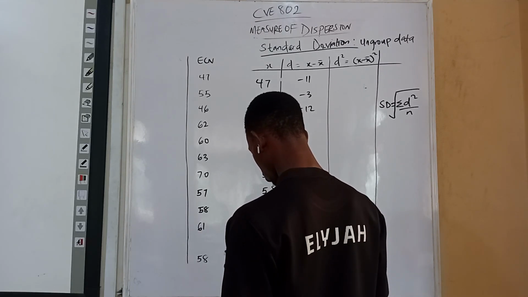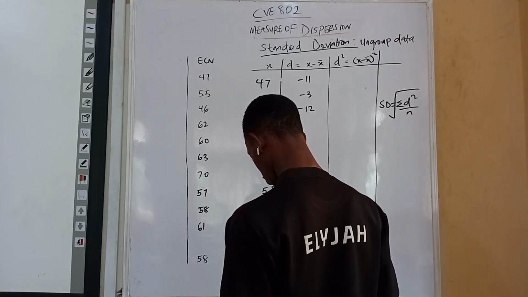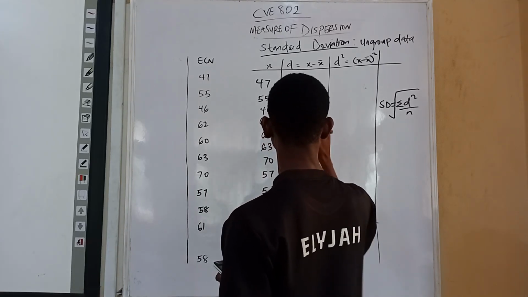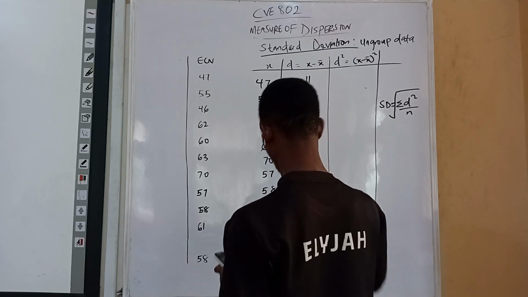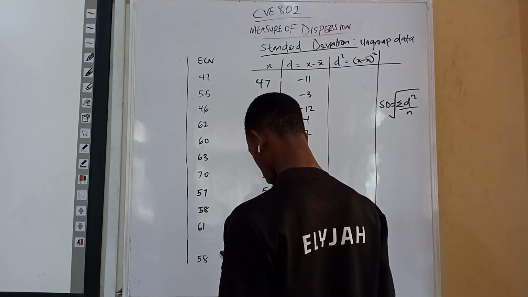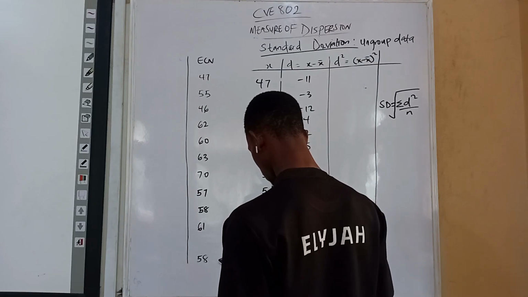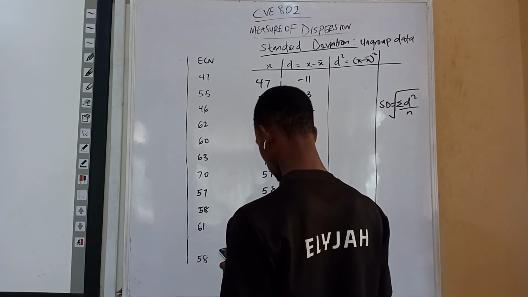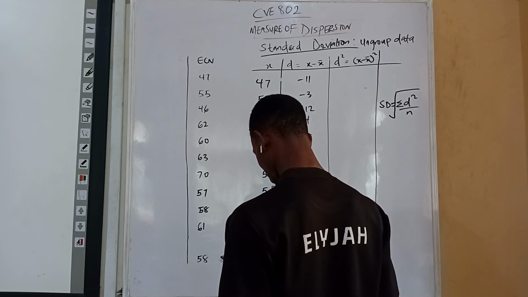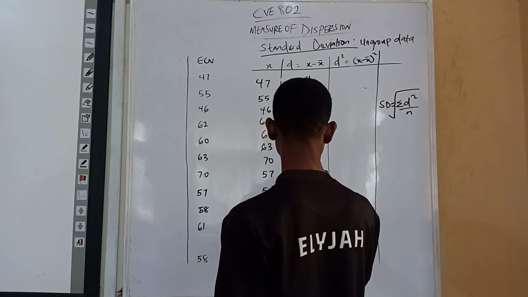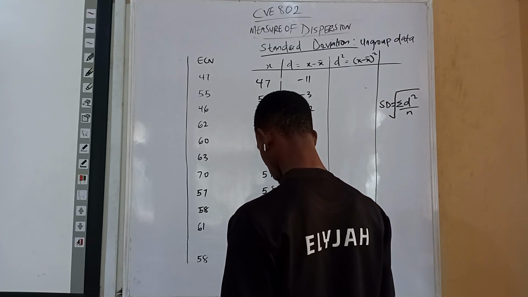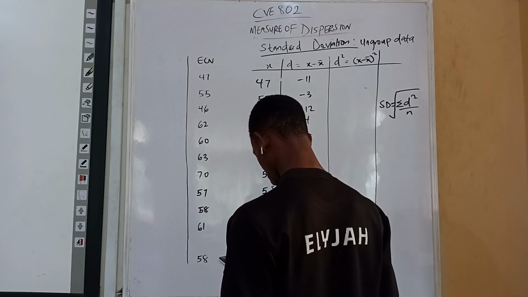Then 62 minus 58 is 4, 60 minus 58 is 2, 63 minus 58 is 5, 70 minus 58 is 12, 57 minus 58 is minus 1, 58 minus 58 is 0, and 61 minus 58 is 3.